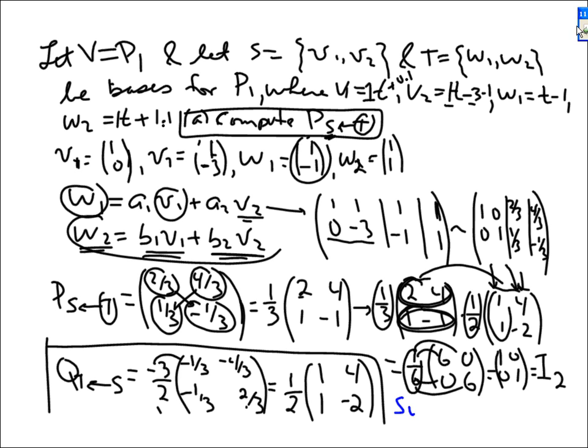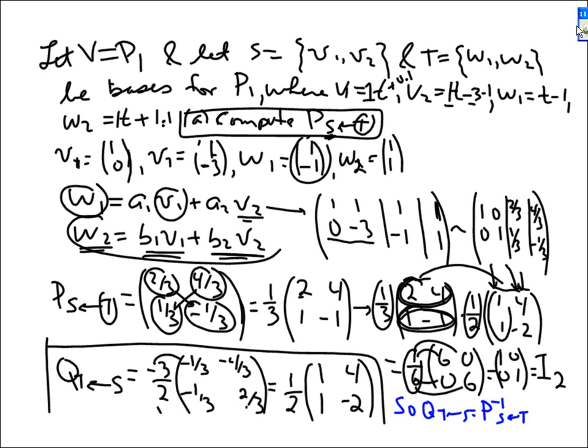So we can now conclude that Q, from S to T, really is the inverse of P from T to S. This stuff really works.